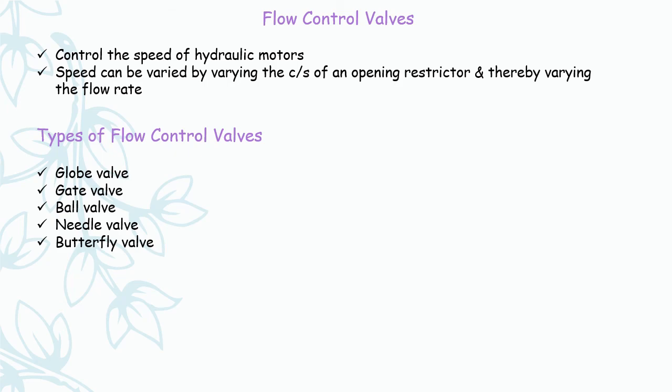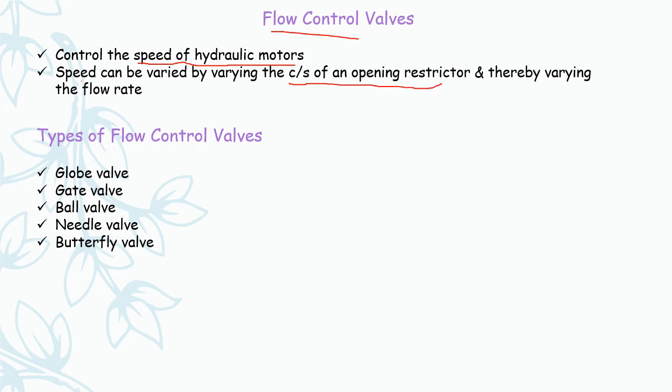So next are flow control valves. What is the function of a flow control valve? These flow control valves are mainly used to control the speed of the hydraulic actuators such as cylinders or motors. How is the speed actually controlled for hydraulic circuits using flow control valves?